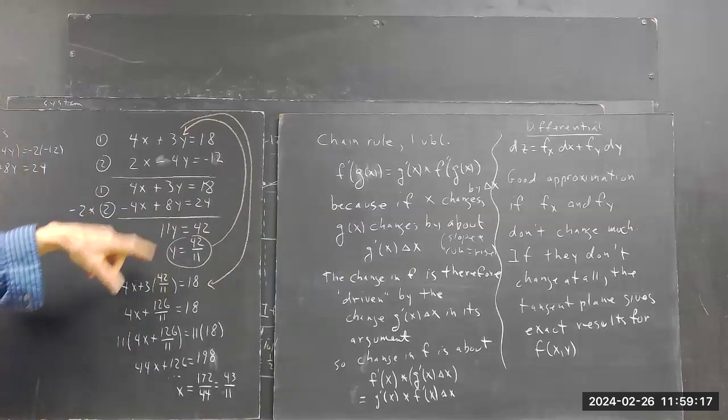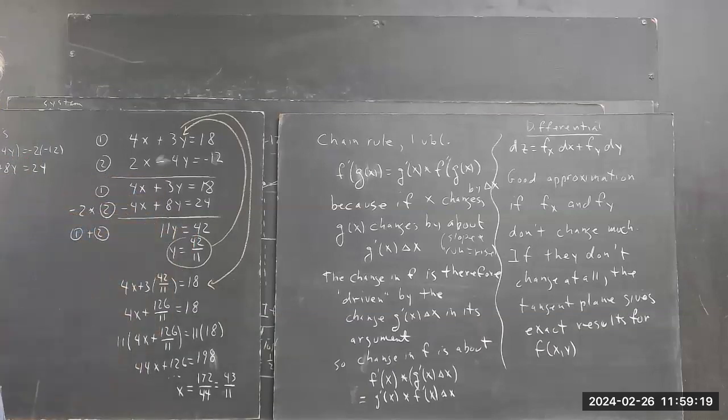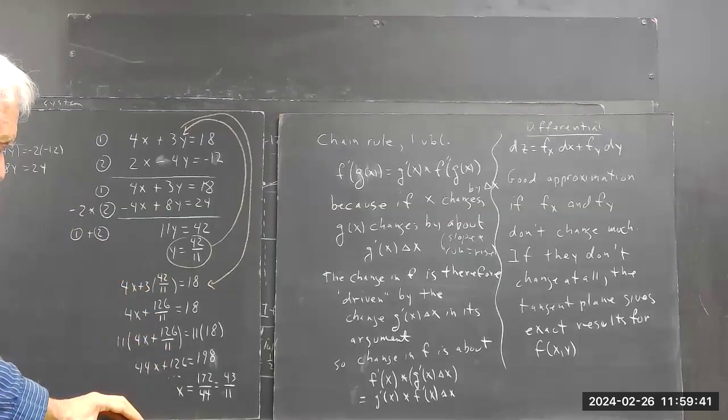Now, everybody got 11y equals 42. So clearly we're going to get y equals 42 over 11. And if we multiply 3 times 42, we get 126, yeah. 11 times 4, 11 times 18, those are right.